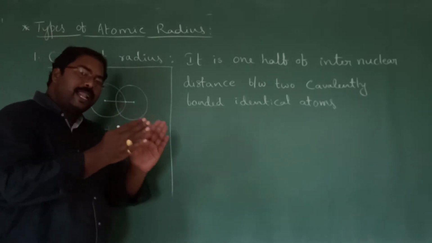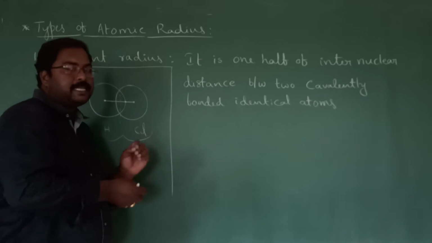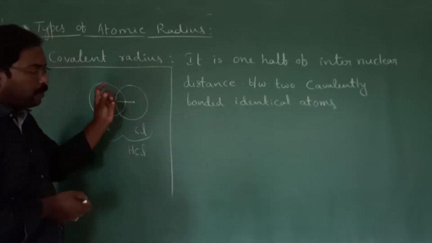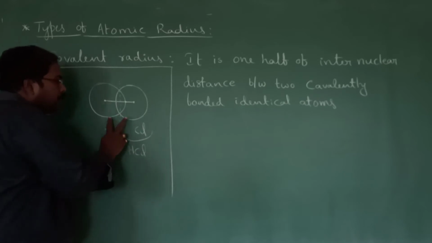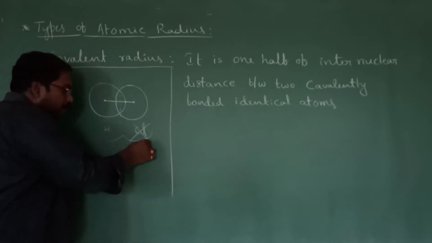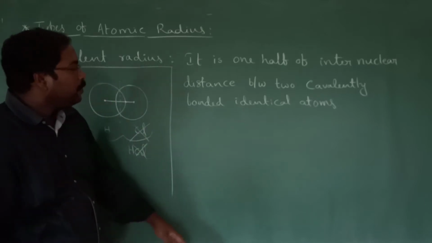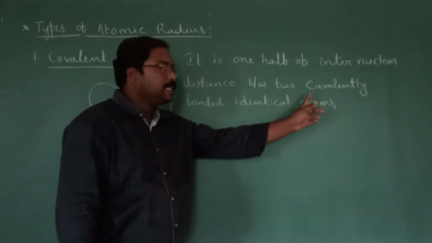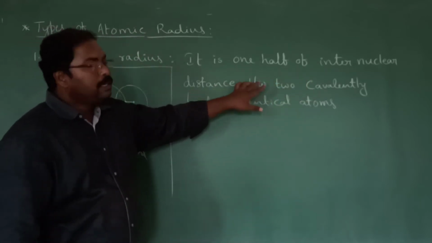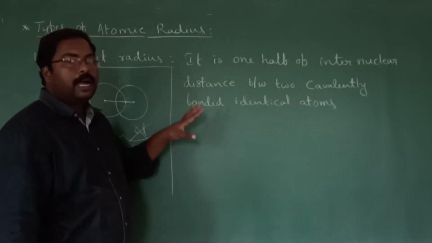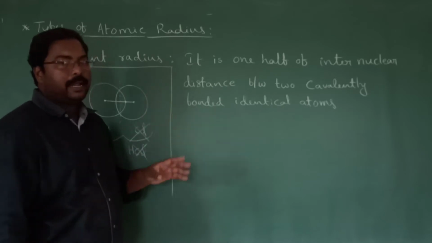That is why, while measuring the covalent radius of non-metals, we have to take identical atoms. So not in the way of this. Okay? So that's why the definition I mentioned is half of the internuclear distance between two covalently bonded atoms which are identical. Right?